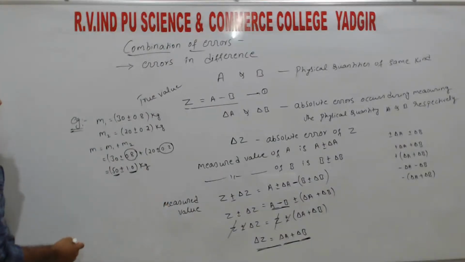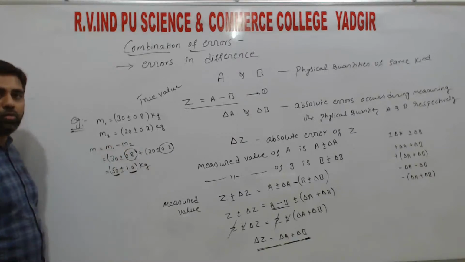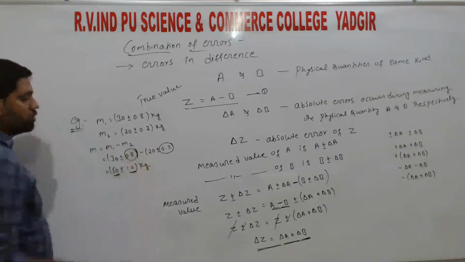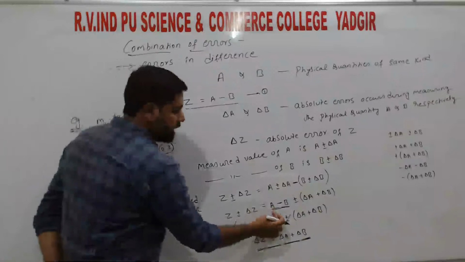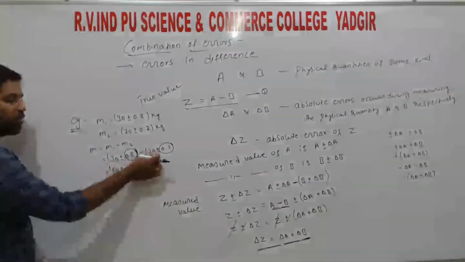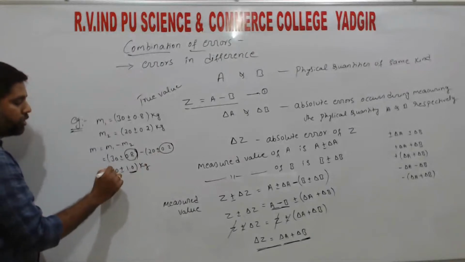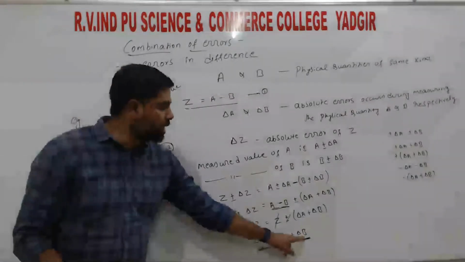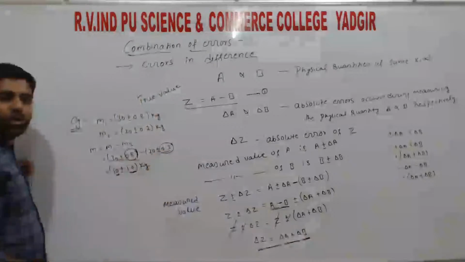For this, consider the same example, so m1 minus m2, right? So here minus 20 plus or minus 0.1, right? So here we are getting A minus B, 30 minus 20, how much? 10, right? So again the absolute error is how much? Delta A plus delta B. So the absolute error is 0.8 plus 0.2, right?